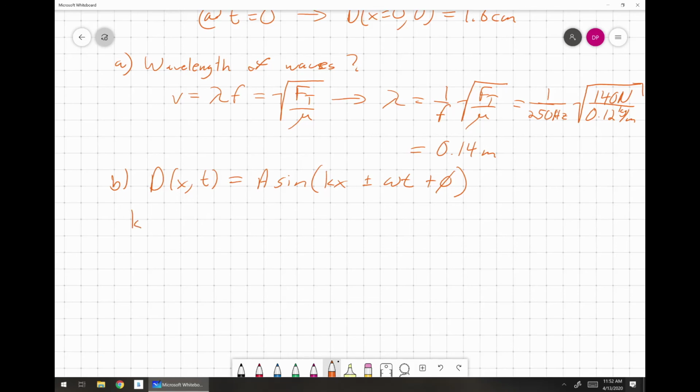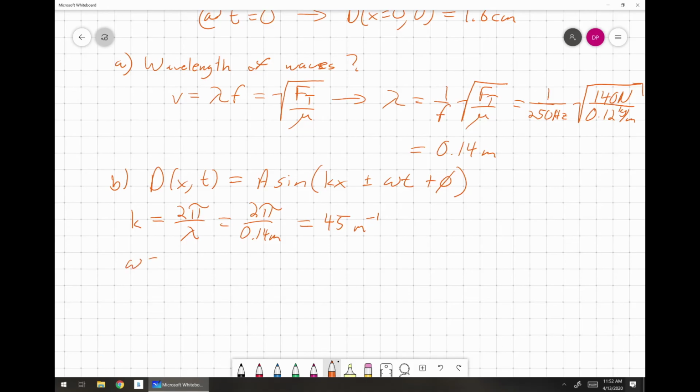So for the wave number, we know that that is 2 pi divided by the wavelength. And we just found the wavelength. So we have 2 pi over our 0.14 meters. And so that is going to come out to about 45 meters to the minus 1, approximately.